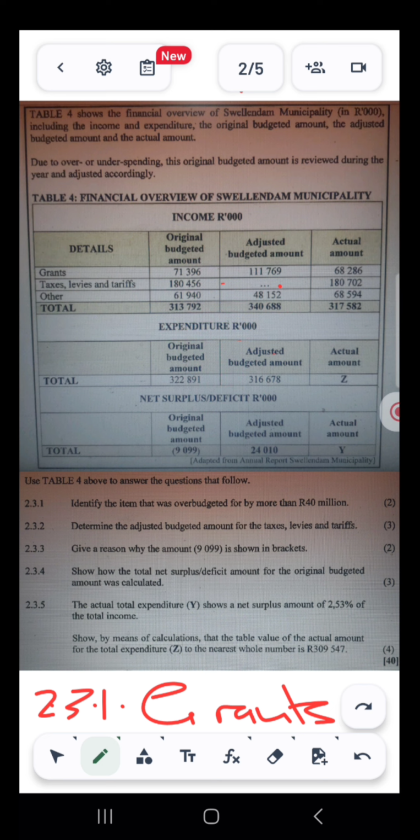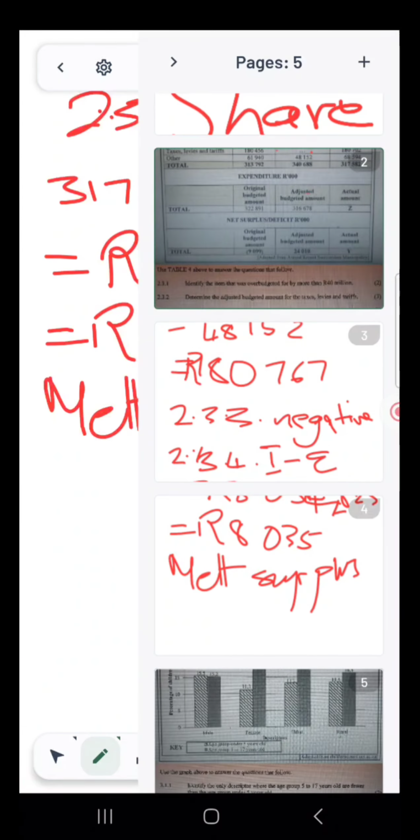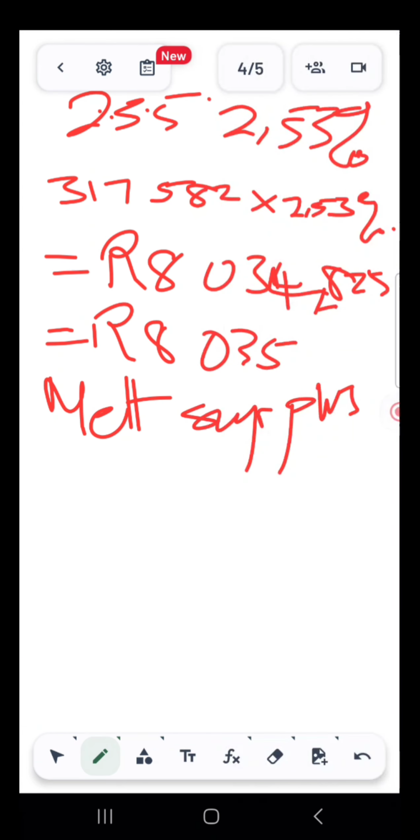Then, since the net surplus, which is here, and the total income are known, it's easy to find the expenditure. We just minus these two, right? I will use the same formula so I don't confuse you. So you have income minus expenditure, which should equal the net.